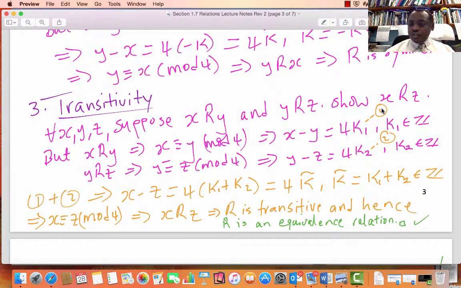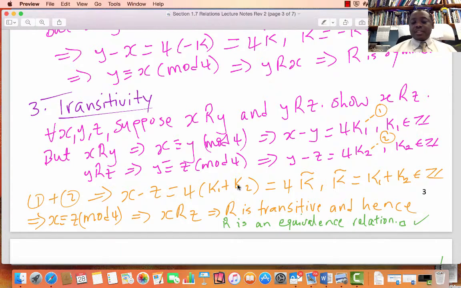So I have equations 1 and 2. How would these two equations help me in my quest? Observe that if I add equations 1 and 2, negative y and y would cancel out to give me x minus z, and the right hand side is exactly how I want it to be. So equations 1 and 2 added together would give me x minus z equals 4 times k1 plus k2.